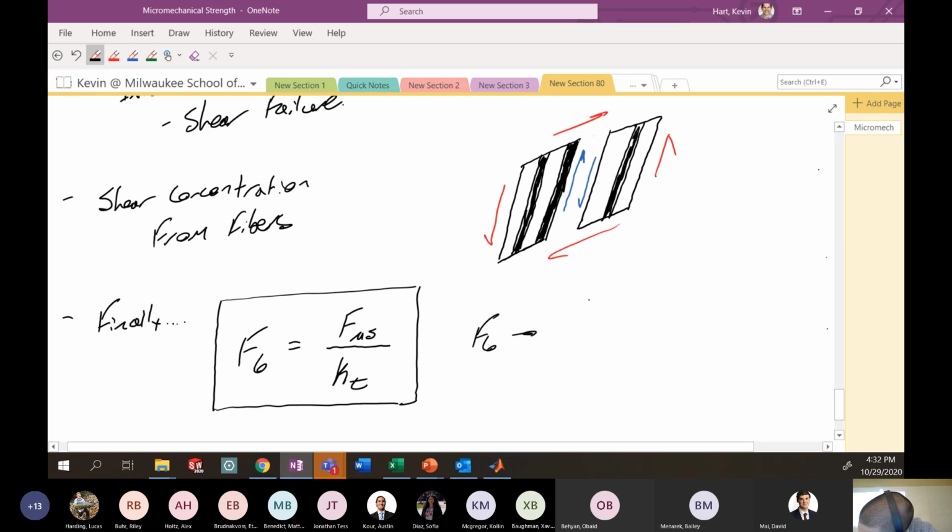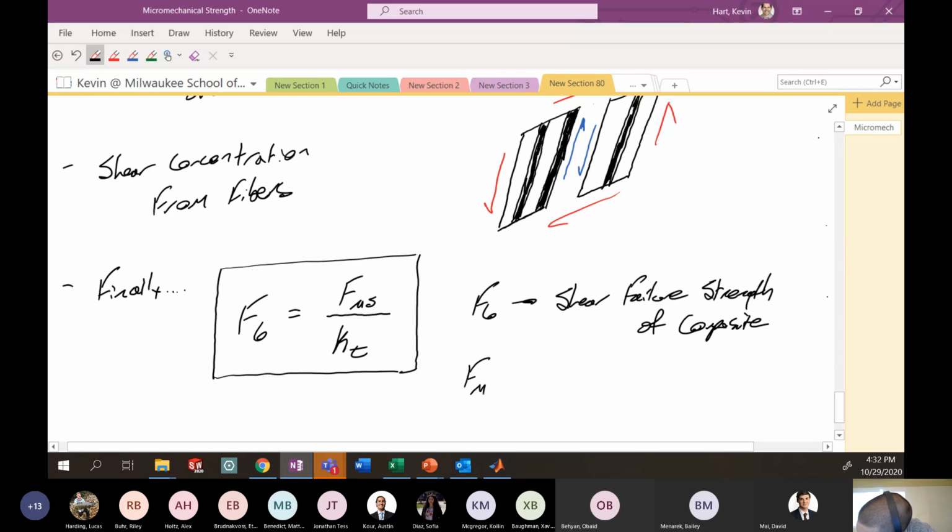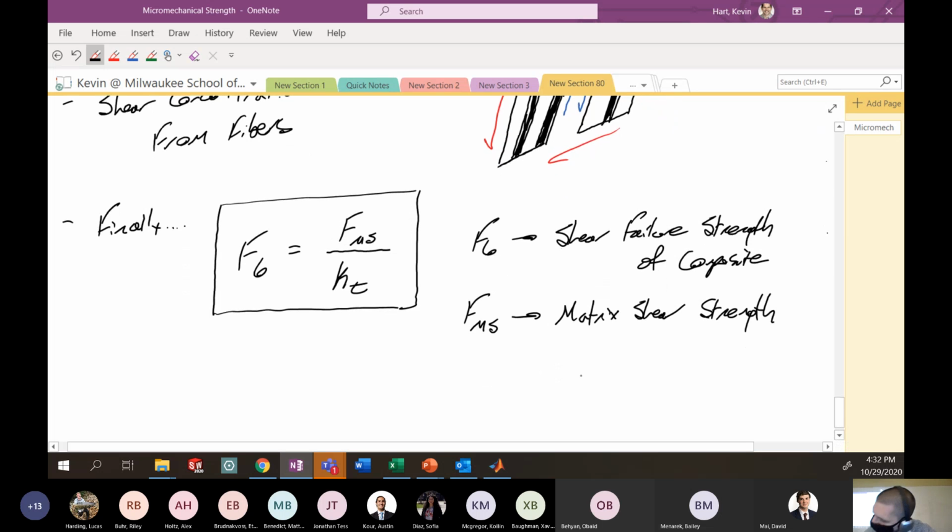So F6 is the shear failure strength of the composite. FMS is the failure strength of the matrix in shear, so the matrix shear strength. And finally, K tau is the shear stress concentration factor.